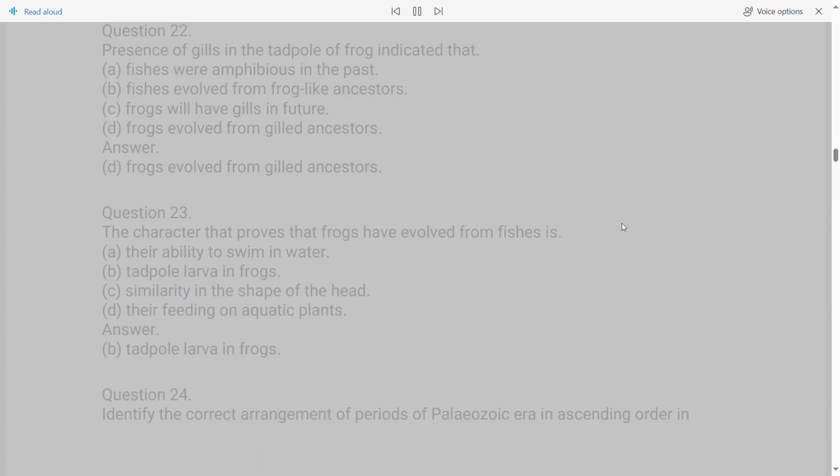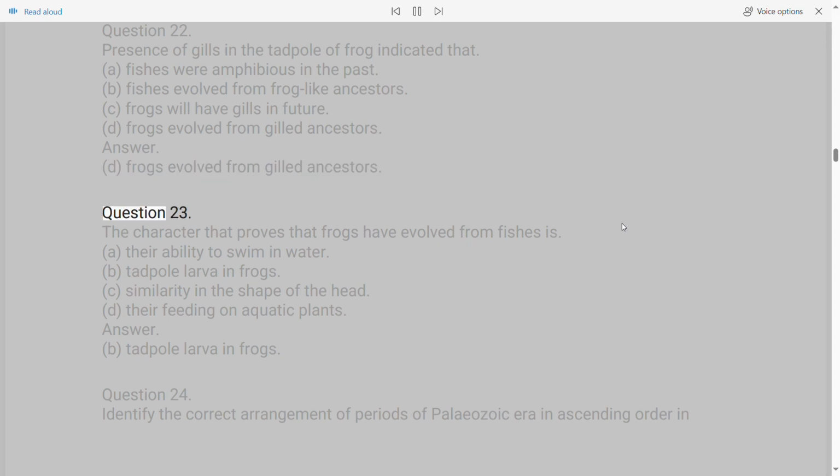Question 22. Presence of gills in the tadpole of frog indicated that A. Fishes were amphibious in the past. B. Fishes evolved from frog-like ancestors. C. Frogs will have gills in future. D. Frogs evolved from gilled ancestors. Answer. D. Frogs evolved from gilled ancestors.